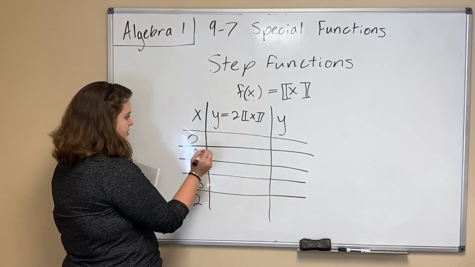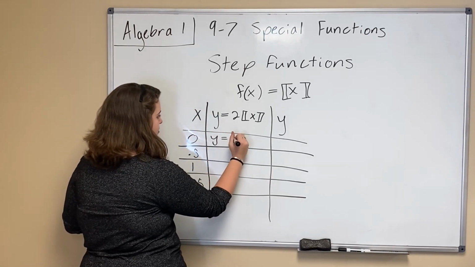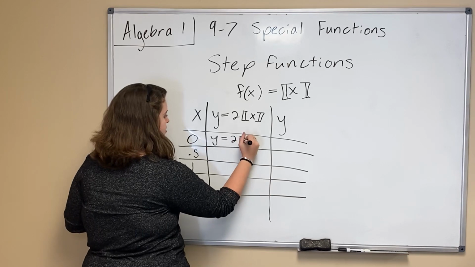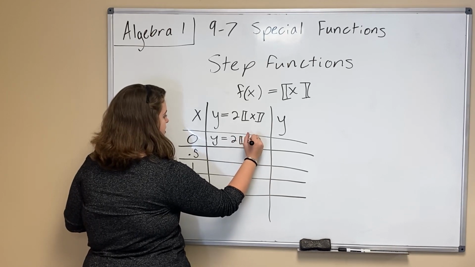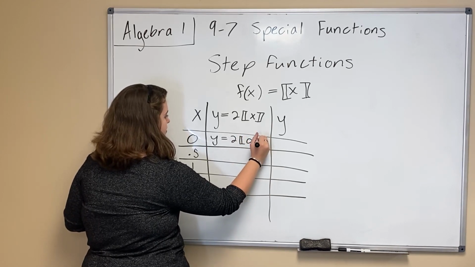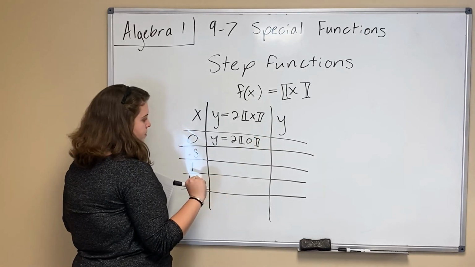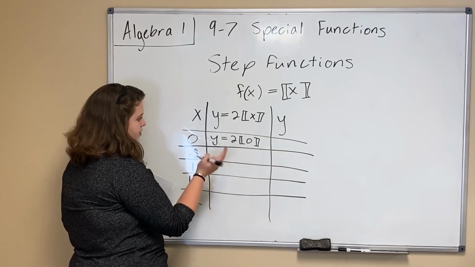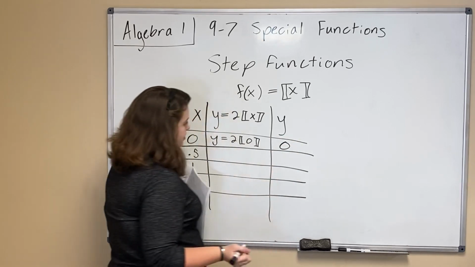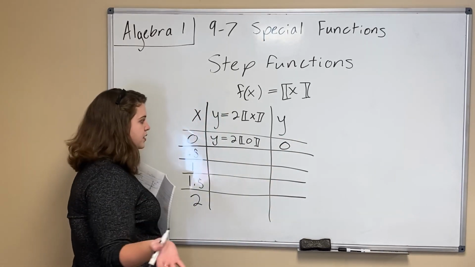When I plug 0 into this equation, I'm going to get y equals 2 times the step function of 0. Now 2 times 0 is just 0, and that's a whole number, so we're going to leave it at that.